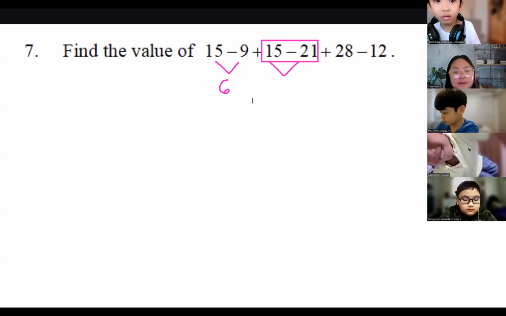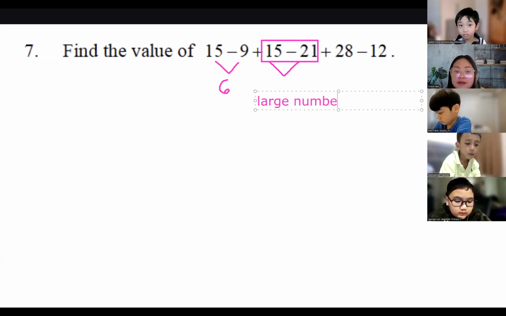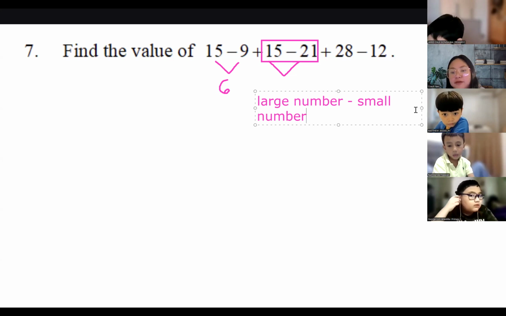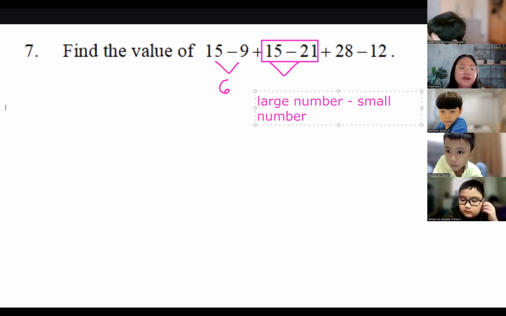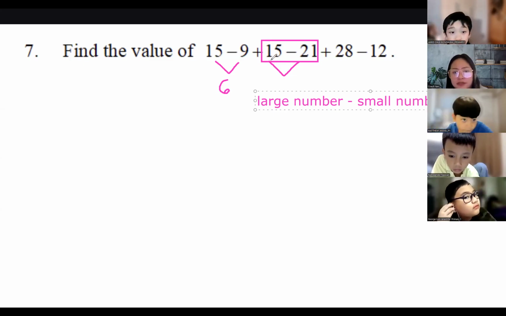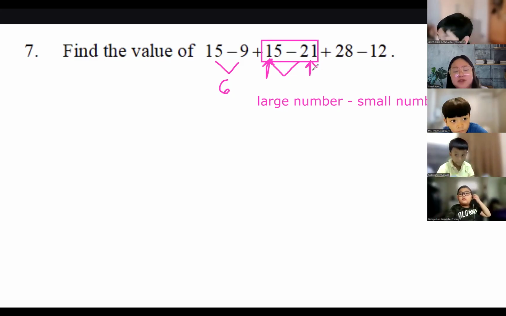Remember, when you are subtracting, it should be a large number minus a small number, not the other way around. In 15 minus 21, 15 is the small number and 21 is the large number. So that's why you cannot do it left to right.